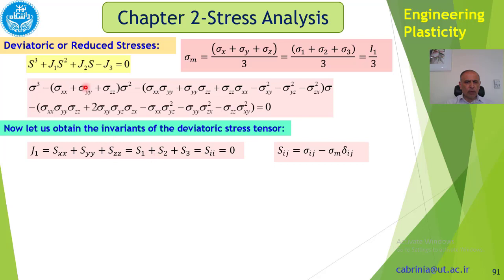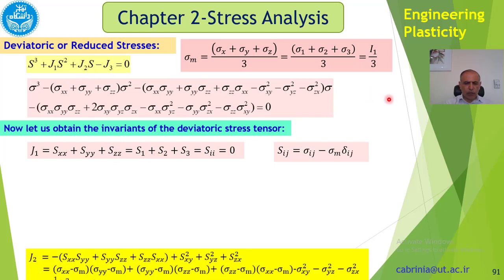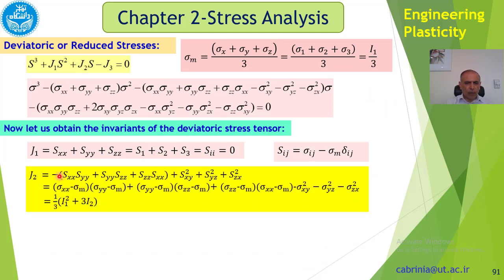Similar to this, we can find the value of J2, like here. See, J2 is this parenthesis. Instead of sigma, we put s, Sxx, Syy like that, because it's in terms of s. So we are going to show this by using this expression.